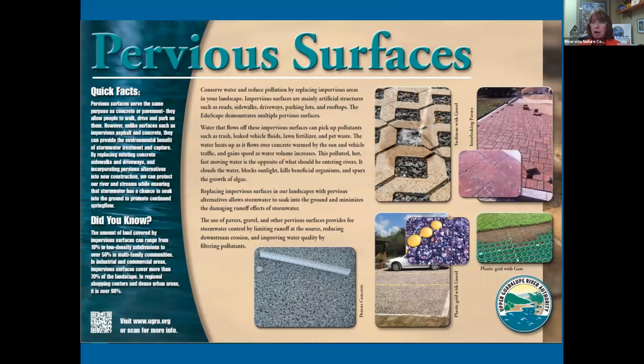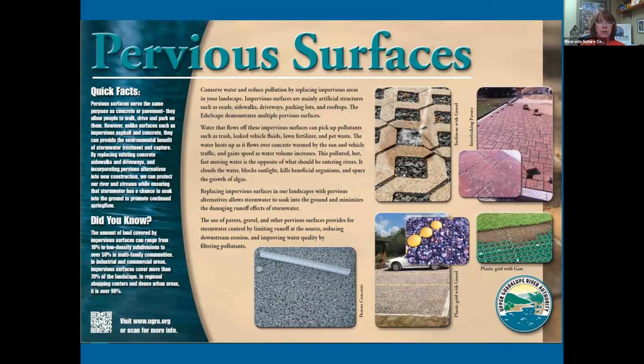So remember, I had said, look down, notice what we're walking on, virtually walking on. Started off with a crushed granite pathway. We moved to pavers. The significance of this is pervious versus impervious surfaces.